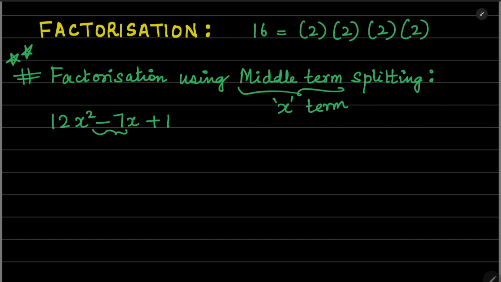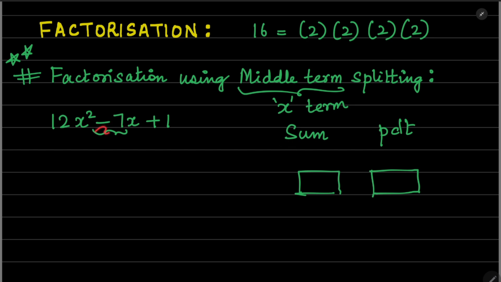Now always remember, you have to find two factors, p and q. I'm going to put those two factors in this box. You will have to find them such that their sum and product are known. The sum is nothing but minus 7.